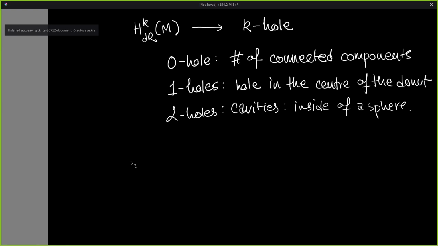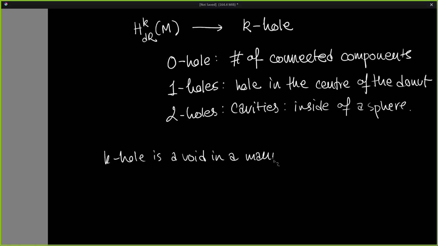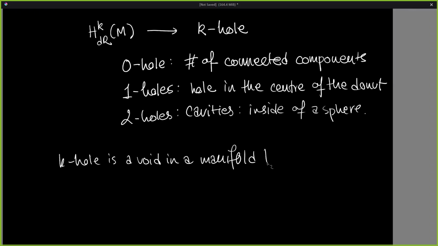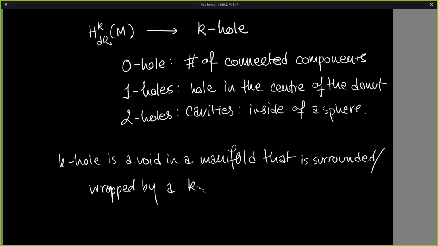In general, a k-hole is a void in a manifold that is surrounded or wrapped by a k surface, which is short for a k-dimensional surface. Well, a closed k surface, right? Given that it has to be surrounded or wrapped, it has to be a closed surface. So that's what it means.